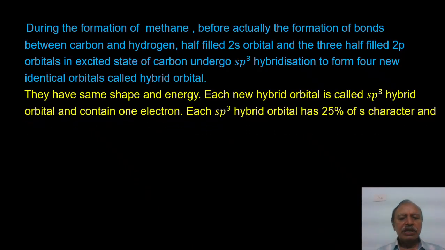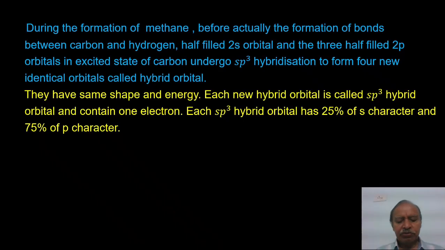Each sp3 hybrid orbital has 25% s character and 75% p character.